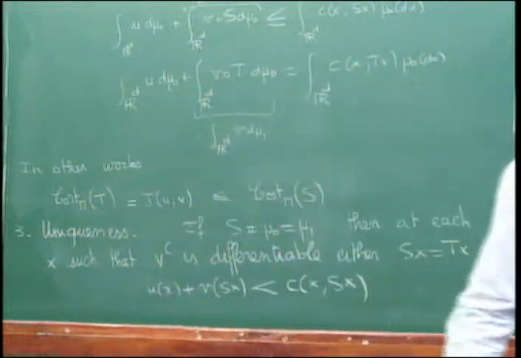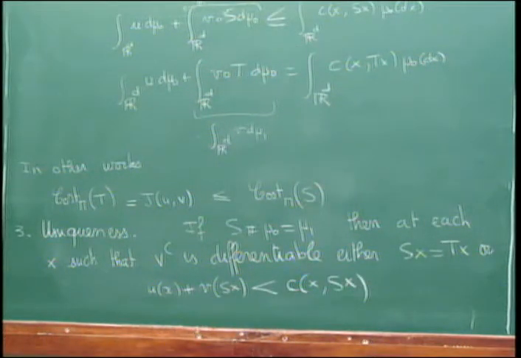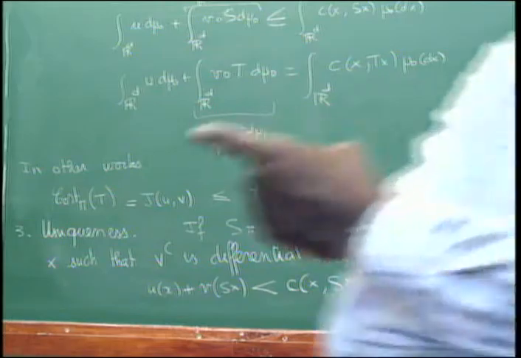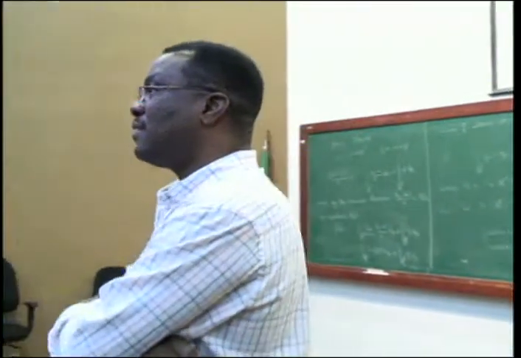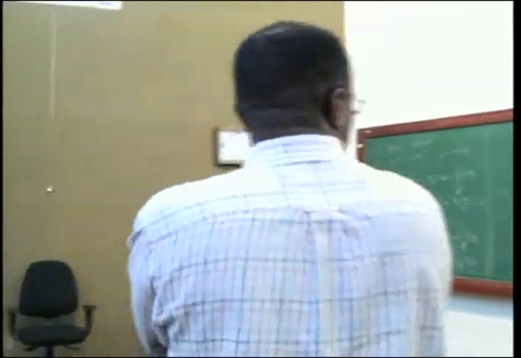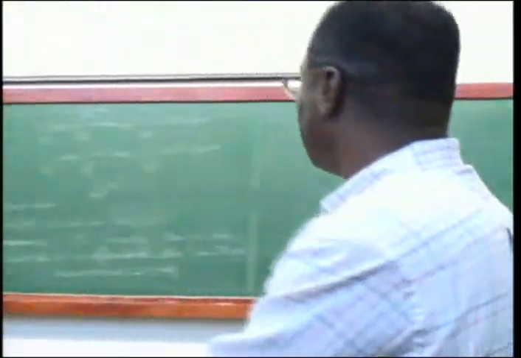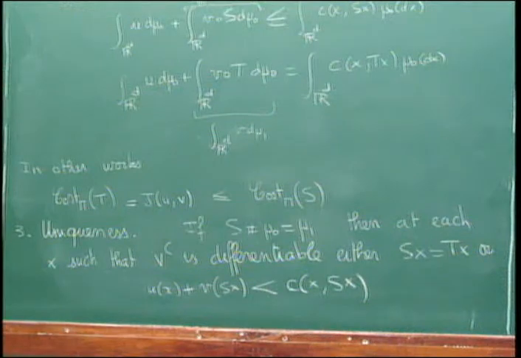So at points of differentiability, we saw that there is a unique y such that equality holds, and that y is T of x. So either S is T of x, or if it is not T of x, we have strict inequality.